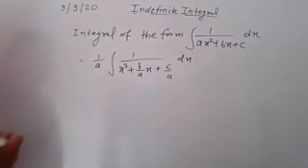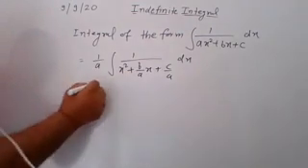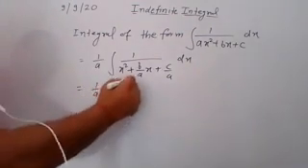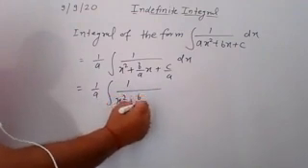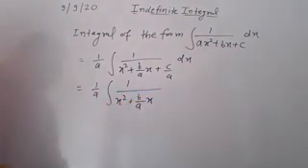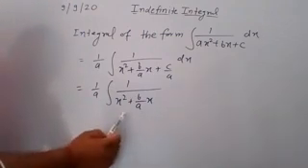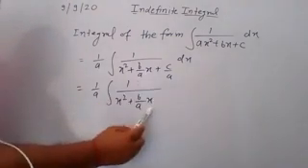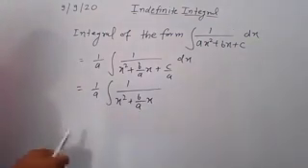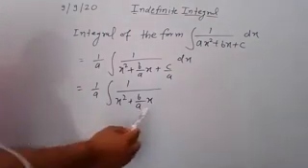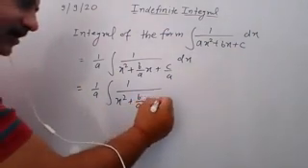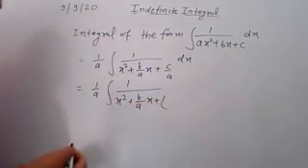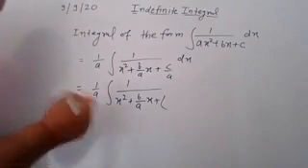Now you make it a perfect square. So 1 upon a, 1 upon, here you write x square plus b upon a into x. In the denominator, first of all, you have to write the terms up to x. Then you have to take half the coefficient of x, and add the square of half the coefficient of x.